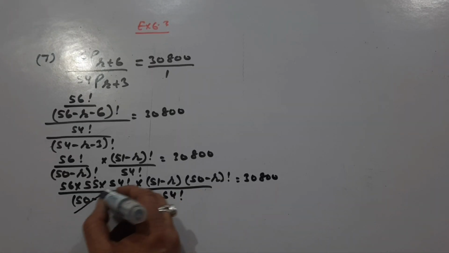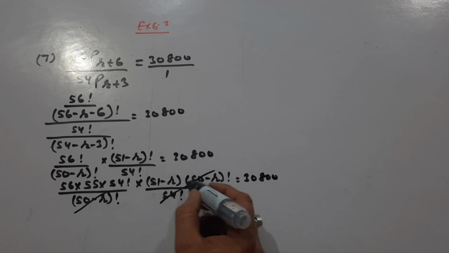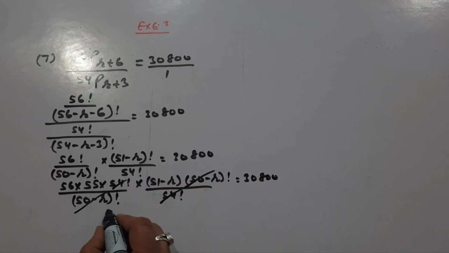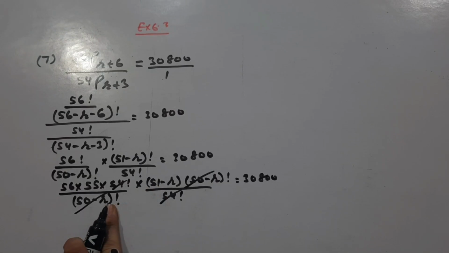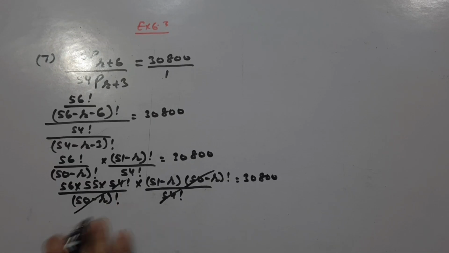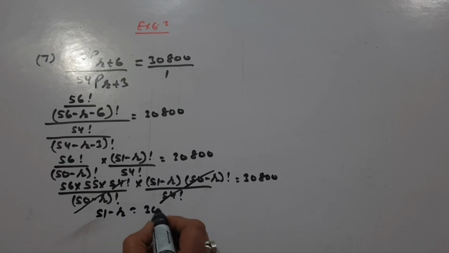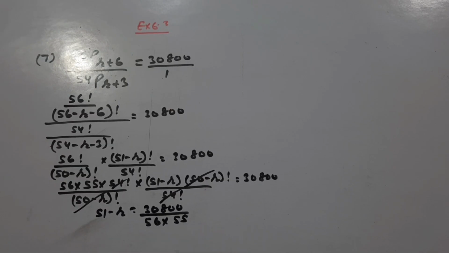Now cancelling these two and cancelling these two, so we get 56, or we can write like this, that 51 minus r is equal to 30800 upon 56 into 55.